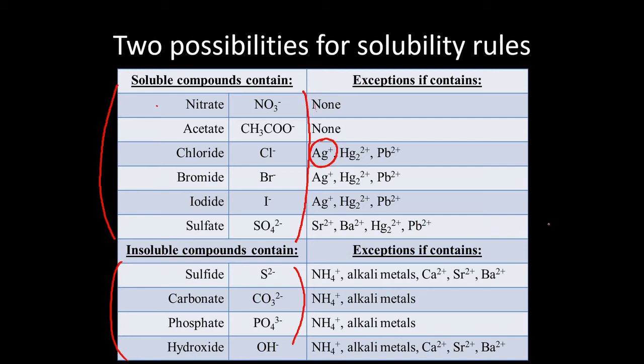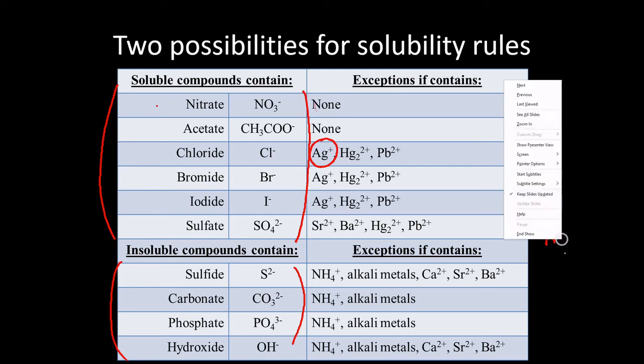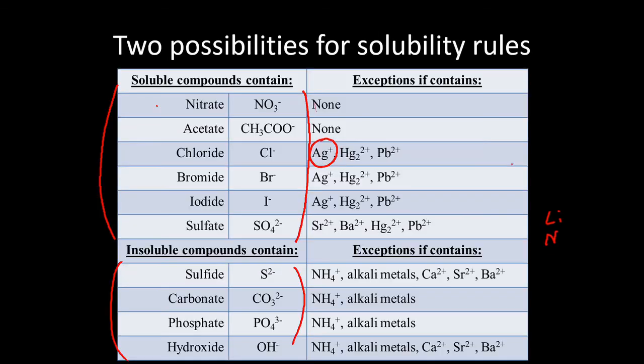And remember, the alkali metals are lithium, sodium, potassium, and so on down the line there. But these are the 3 most common ones you'll come across: lithium, sodium, potassium. So that's these alkali metals. So those are exceptions to these not dissolving. So essentially those want to dissolve enough that they can force these things to dissolve.